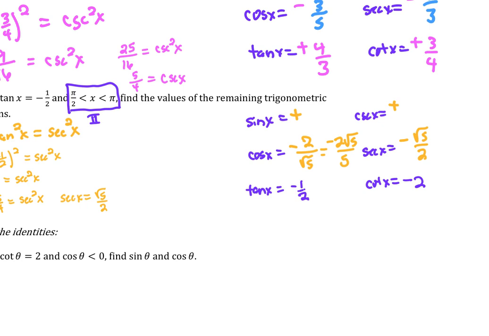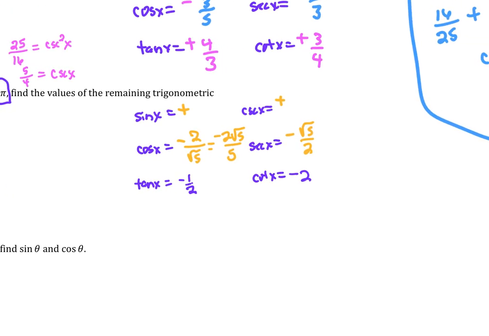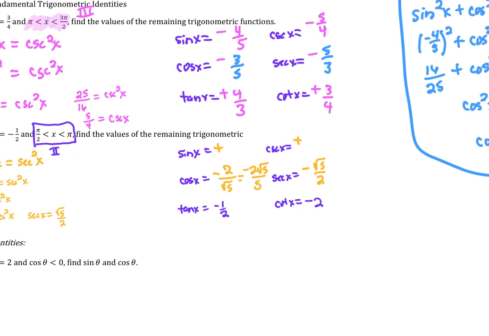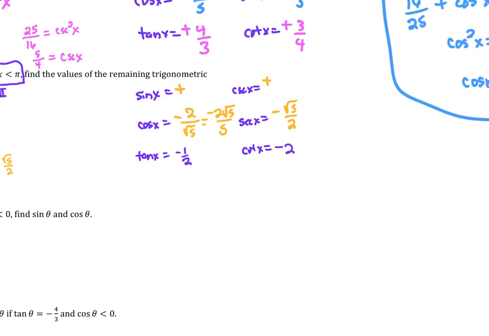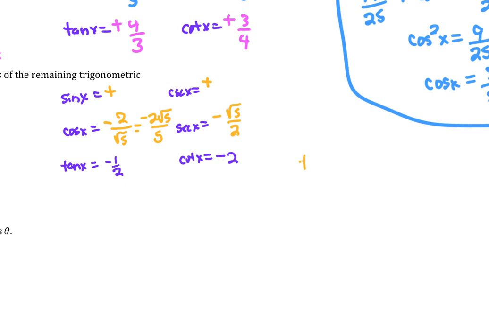Okay, let's use Eden's idea and use the fact that we know stuff about tangent being sine over cosine instead of using the other Pythagorean identity. Should we do that? Let's try that. So on this one, let's say that we know that tangent of x is equal to sine of x over cosine of x. So let's plug in what we've got.